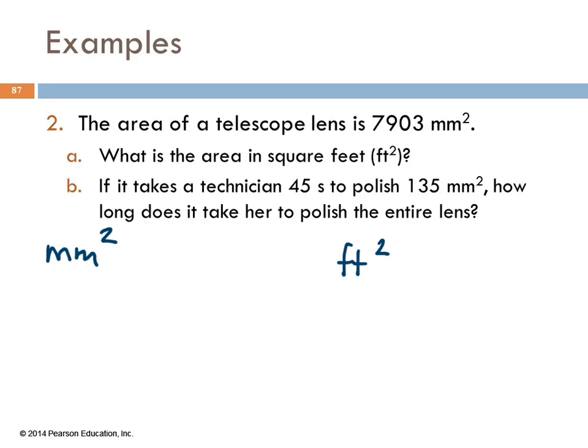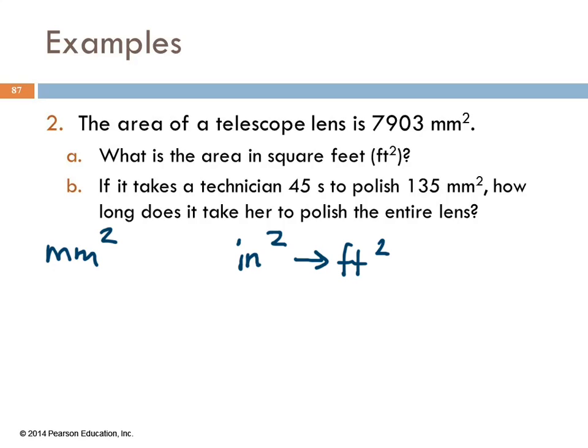Do you know how many millimeters are in a foot? I don't. So we're going to need something in between here. What do we know about feet? Inches. We know the relationship between inches and feet, so we can figure out inches squared and feet squared. How about millimeters and inches?